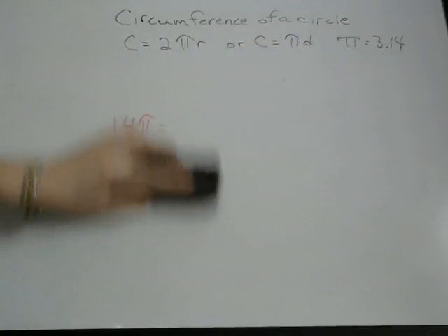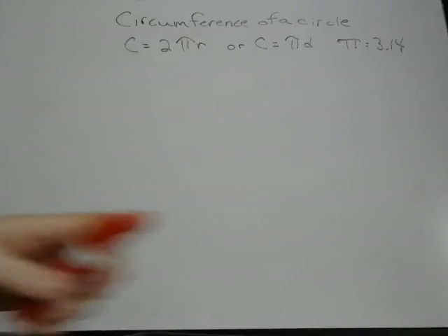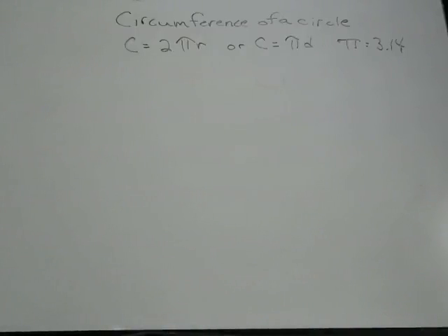The other thing is that they're probably not going to give you straightforward questions. They may put them in the form of word problems, which you just need to be able to recognize when you have to do circumference problems.